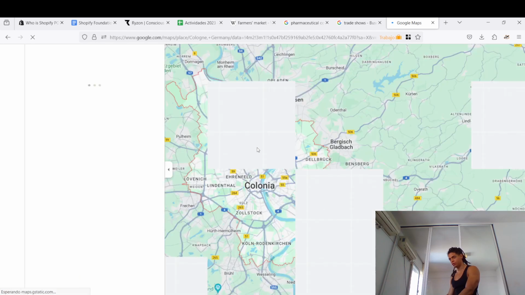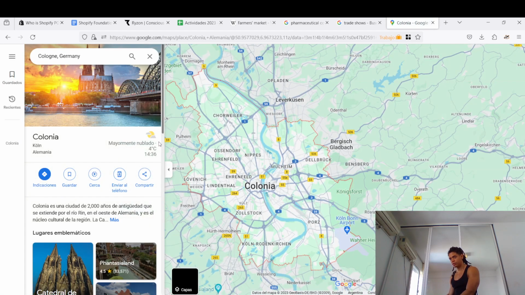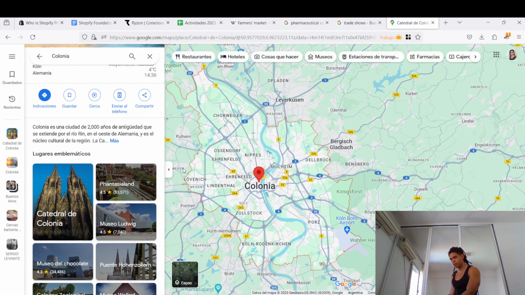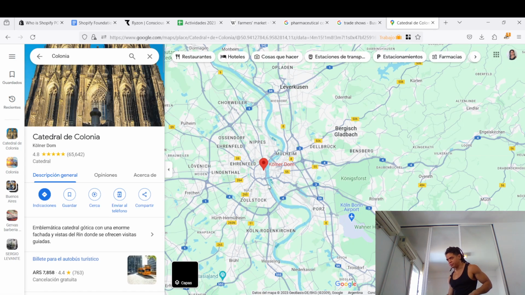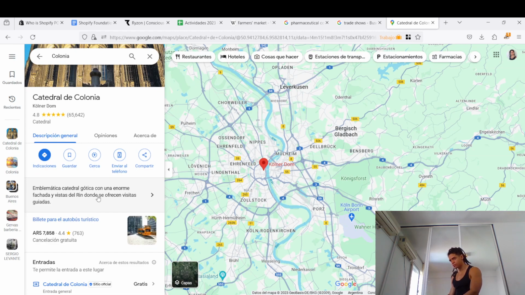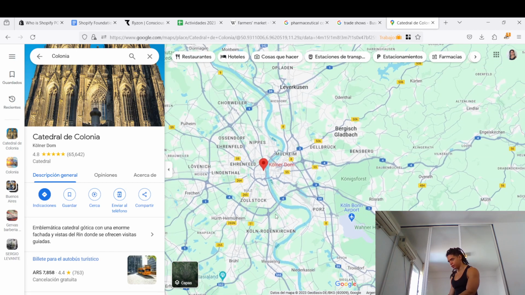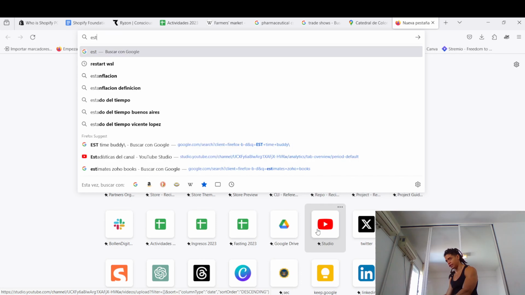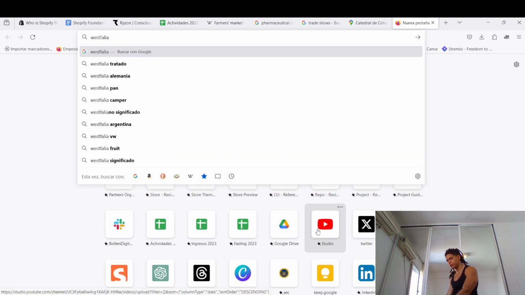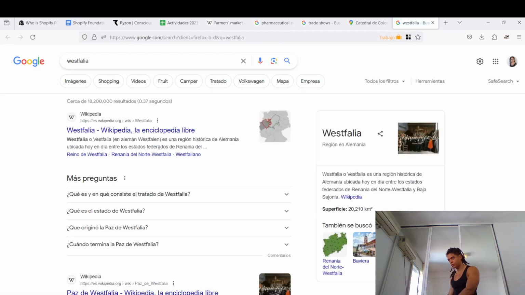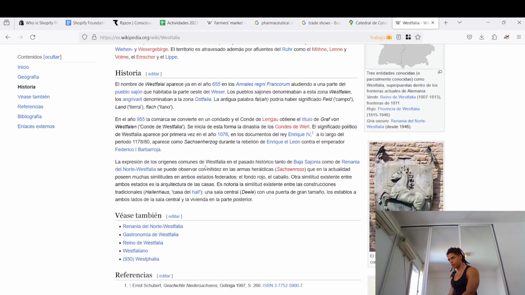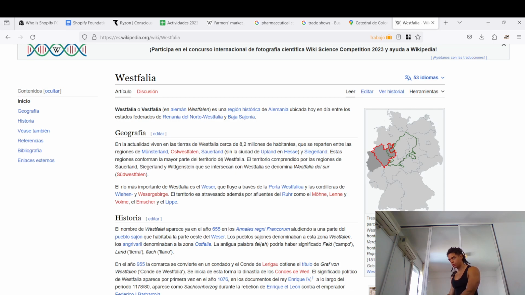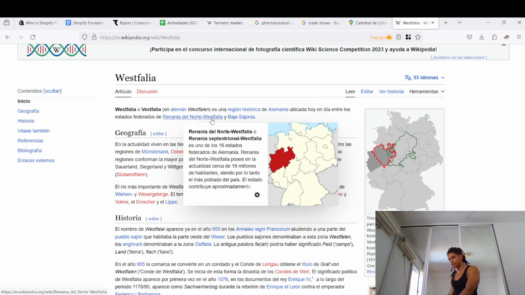I want to take a look at where this is. Cologne. North Rhine-Westphalia.